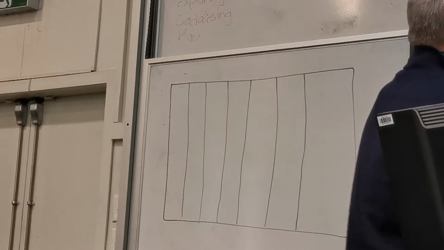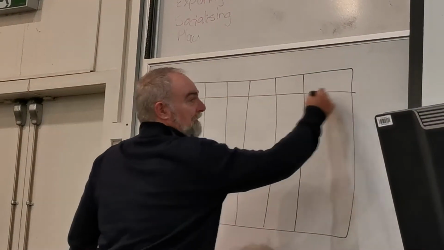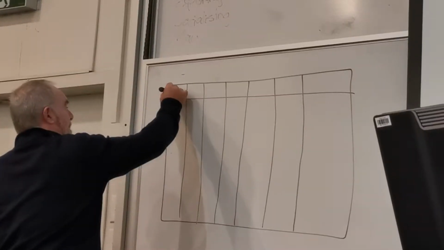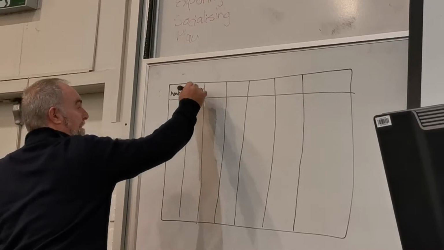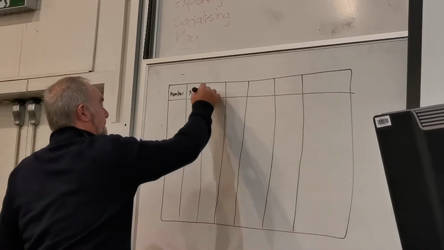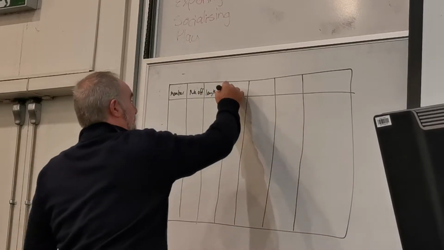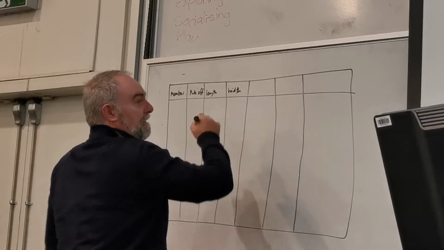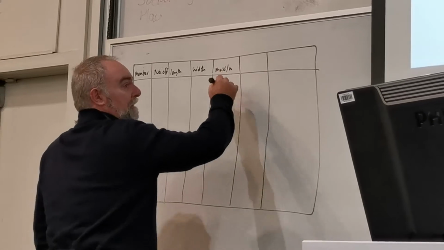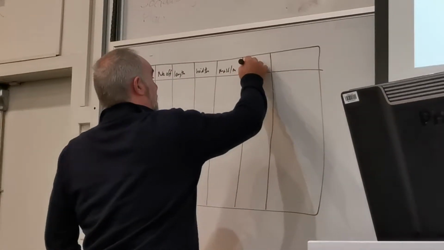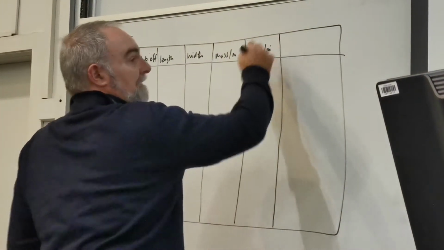So the first thing is I better start writing all these things up here, or we'll get all confused. So remember: number off, length, and width, and mass per metre, and mass per cubic metre, or is it square metre cubic?